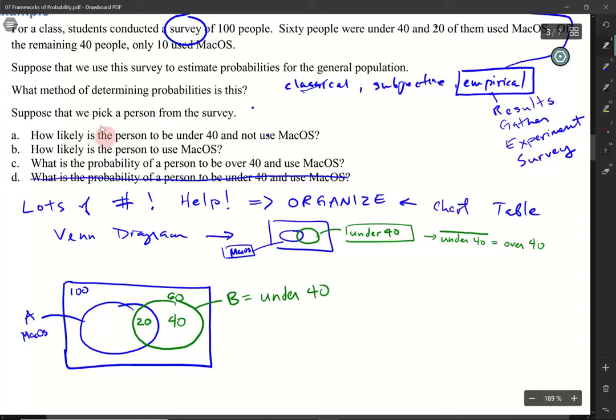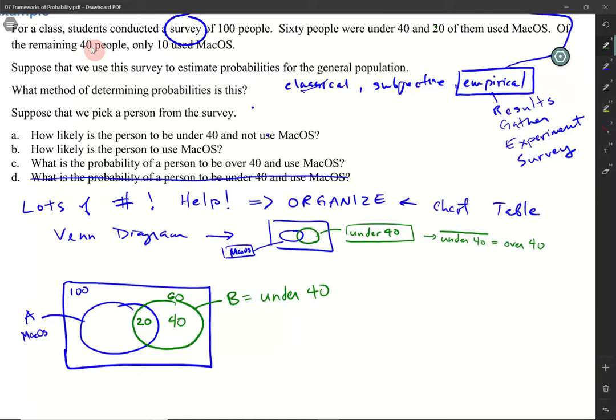Okay, so of the remaining 40 people, only 10 used Mac. So how do we do that?